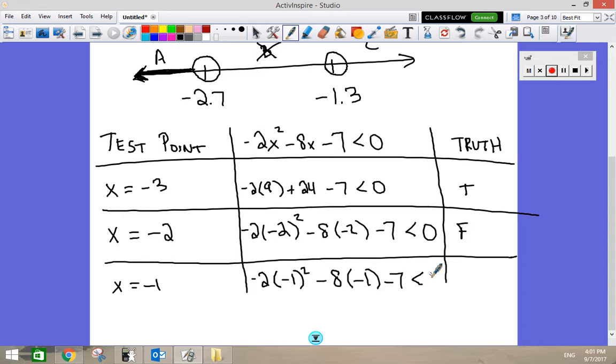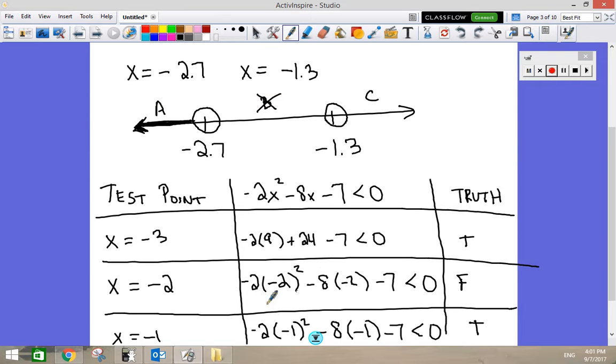And the question is, is that less than 0? Well, -1 squared is positive 1, times the -2, that's -2. And then the double negative here is plus 8. 8 minus 2 is 6, and 6 minus 7 is -1. And -1 is less than 0, so that's a true statement. That means there was nothing special about picking -1. Any point that we would have picked in region C would have given us the same result.